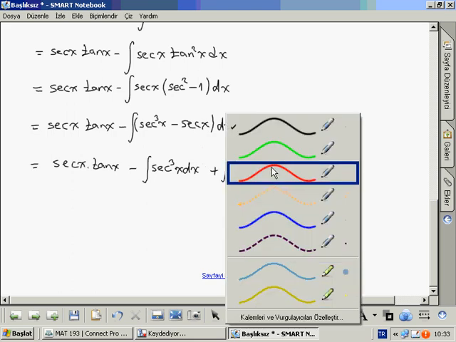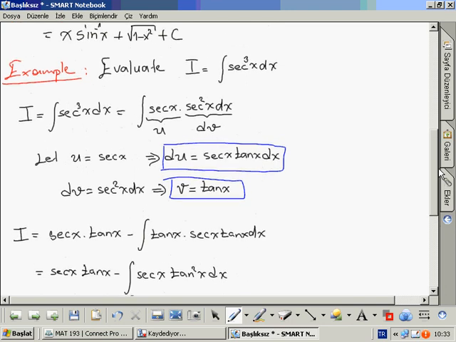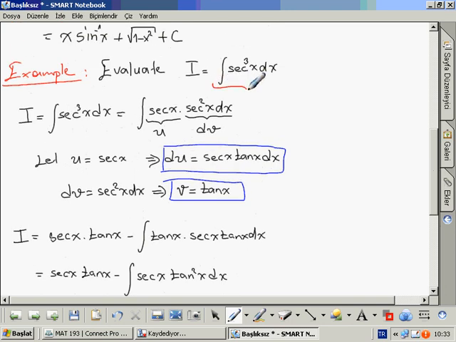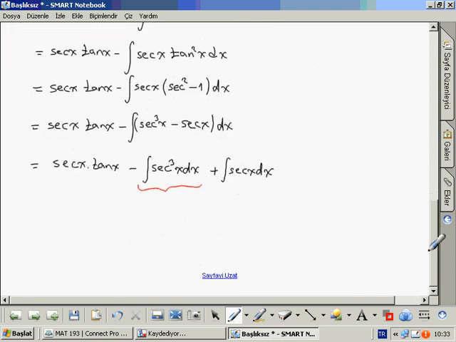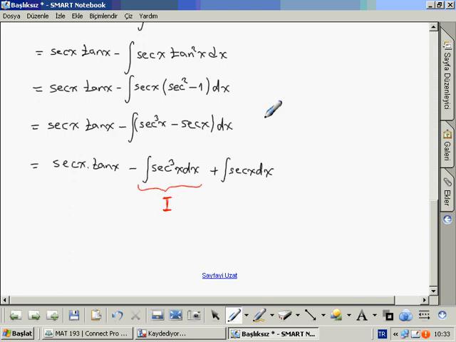My friends, please pay attention, this part is our question, and we can write this as I, and continue.